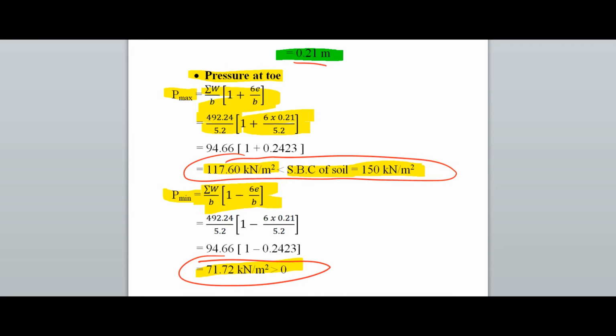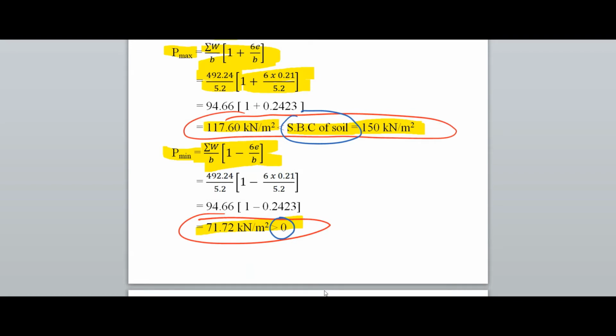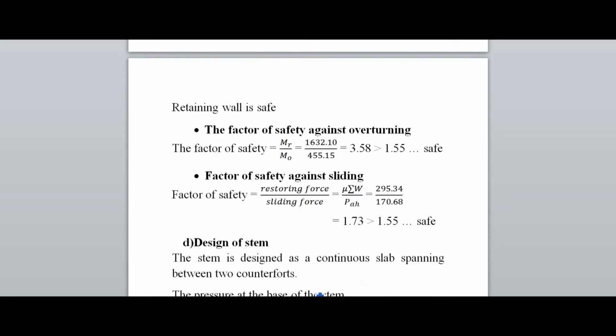Okay, P maximum is not more than the SBC of the soil, and P minimum is not less than 0. Okay, if these criteria are fulfilled, it means your retaining wall is safe against settlement, right? So the retaining wall is safe.